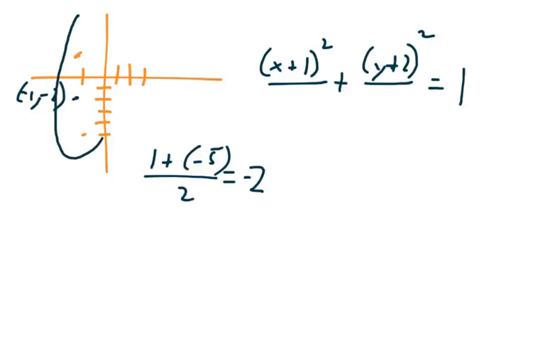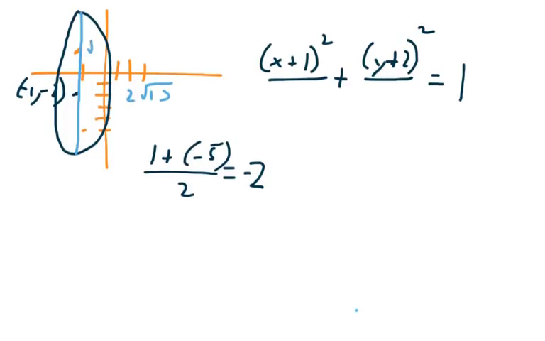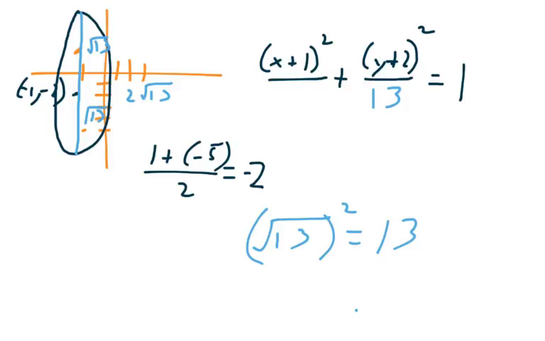I know my ellipse goes like this. So they told me that this is equal to 2 square roots of 13, which means this part is going to be equal to the square root of 13, and this part down here is equal to the square root of 13. And so the square root of 13 squared is 13, and that goes underneath the y because that's going up and down. Now the next thing that we need to know is, how far is it from here to the focus?